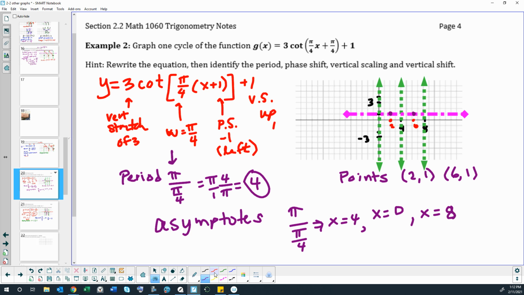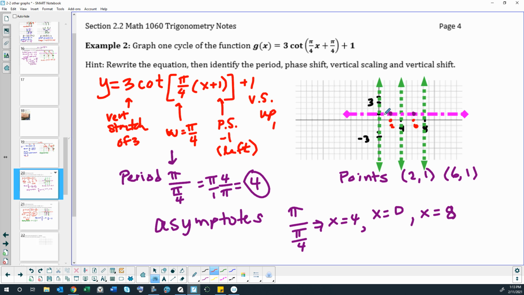So if this graph was still at 0 instead of up 1, then at halfway in between the asymptote and the intercept, so at x value 1, or would maybe normally be pi fourths, but in this case it's 1, that point for tangent and cotangent is usually 1 or negative 1 because it's sine divided by cosine or cosine divided by sine, and for pi fourths those numbers are the same, so that's where we have 1.